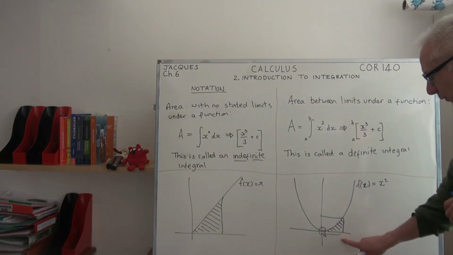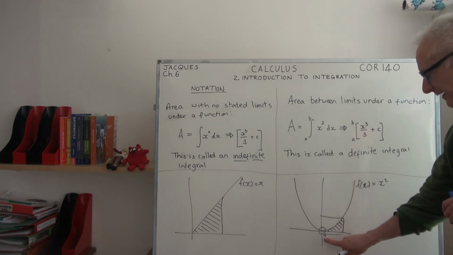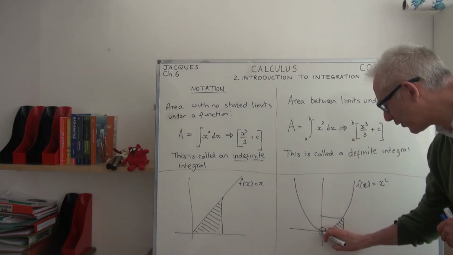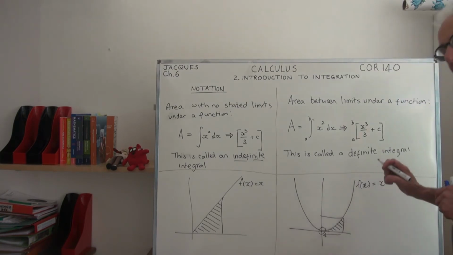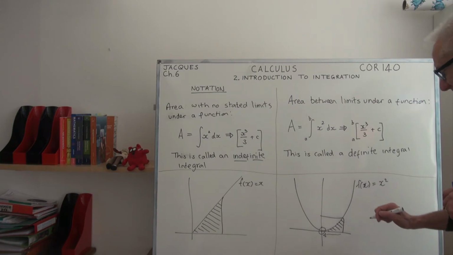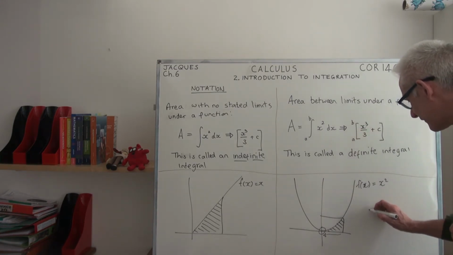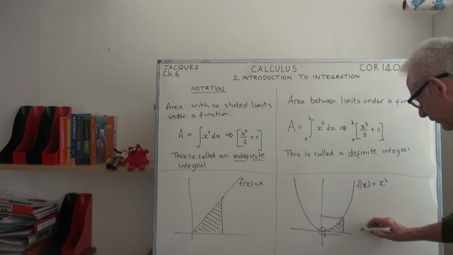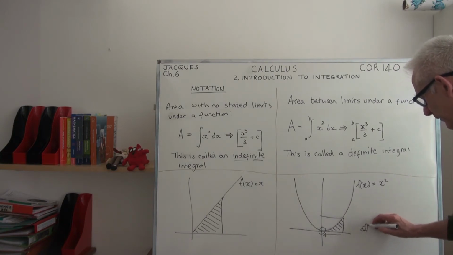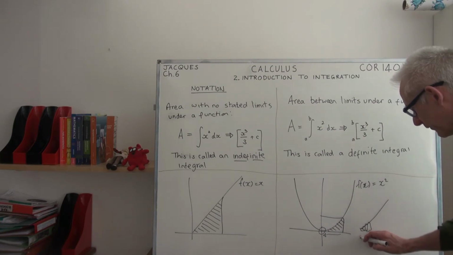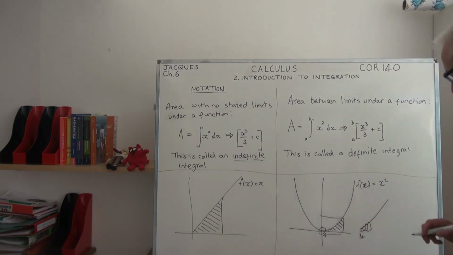Okay, so we find ourselves a value of delta x, a very small change as we move away from one point and we go up the rest of the function. And if we make delta x small enough, then what we can actually do is build up a whole load of little rectangles, if you like, and each rectangle will have a width of delta x.